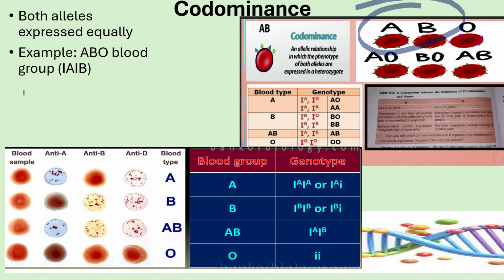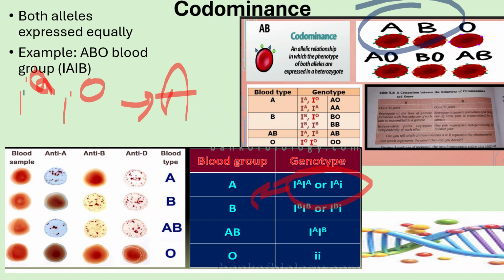If I talk like this, suppose an individual has IA and IO gene. So A is dominant over O. So he will have blood group A, as you can see here. अगर ये genotype है AA, so he will have blood group A. AO, he will have blood group A. So if it has OO, so he will have blood group O. AB, so blood group will be AB.